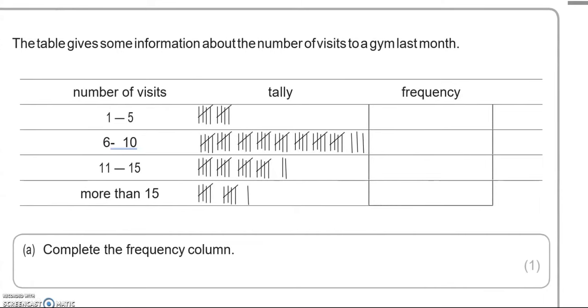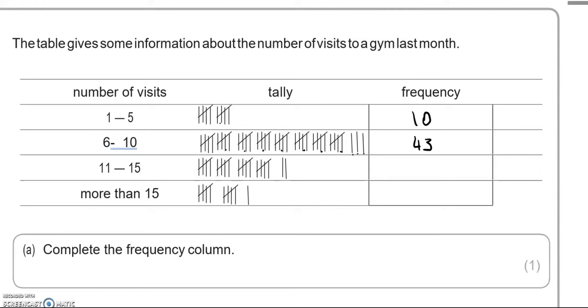Okay, so the table gives some information about the number of visits to gym last month. We've got a tally and frequency. Complete the frequency column. So number of visits from 1 to 5, we've got 5 and 5, that is 10. From 6 to 10, we've got 5 and 5, 10, 15, 20, 25, 30, 35, 40, 41, 2, 3, so 43.